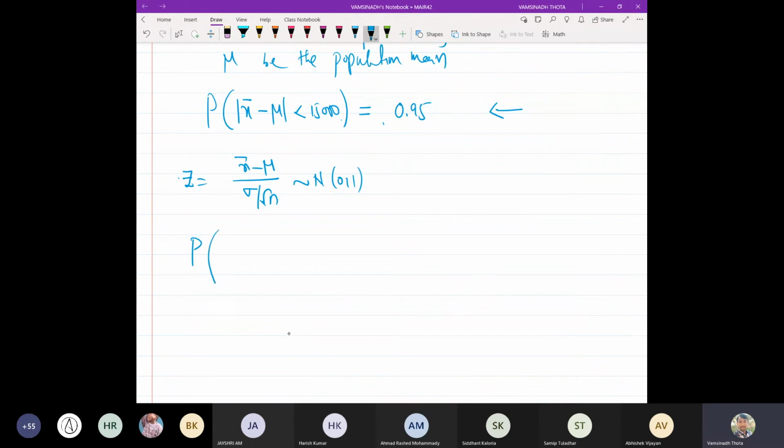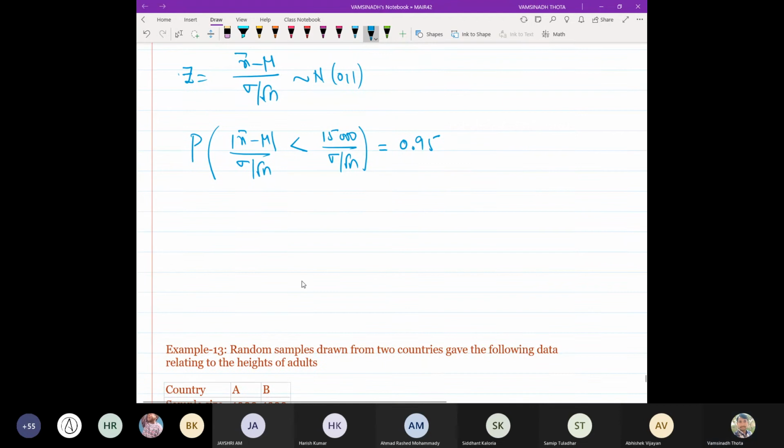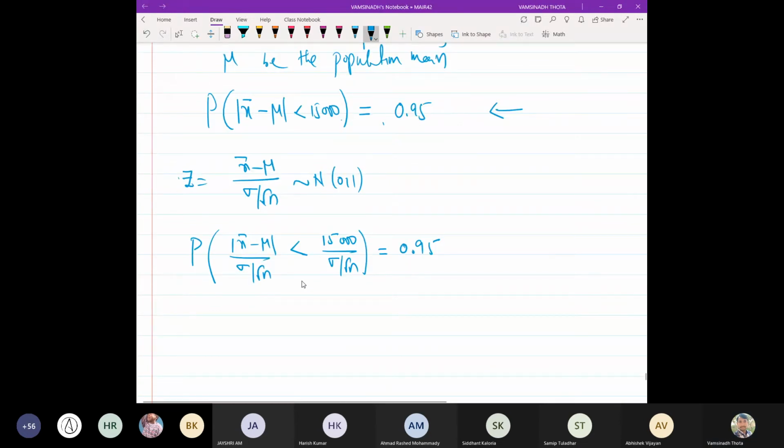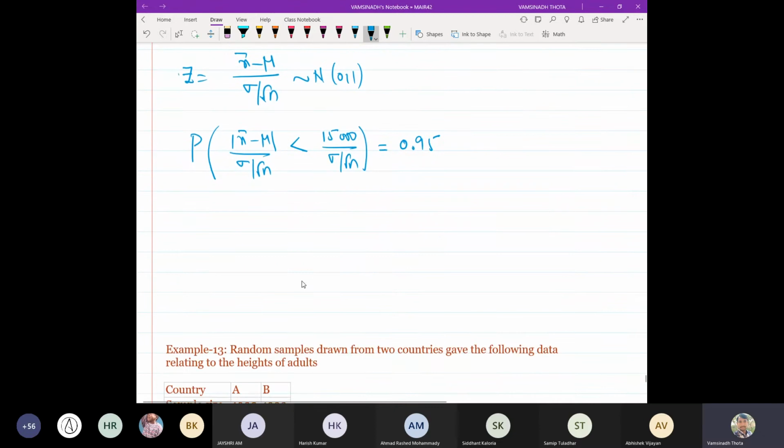So the probability of X bar minus mu upon sigma upon root n is less than or equal to 15,000 upon sigma upon root n, that is equal to 0.95. Right? Am I right?